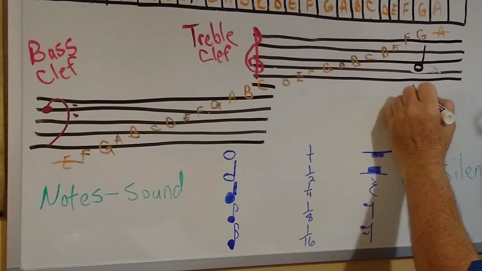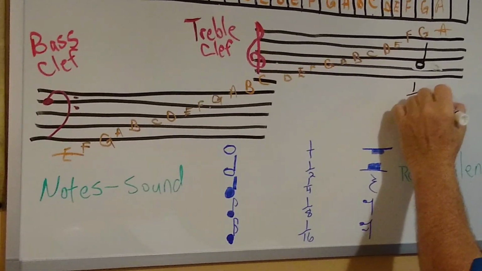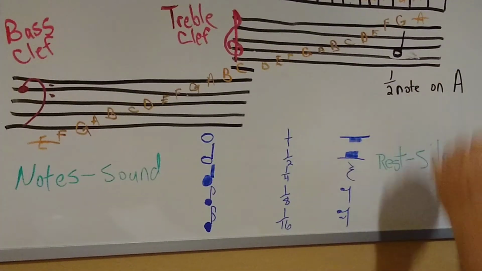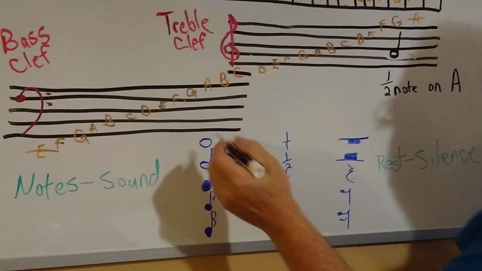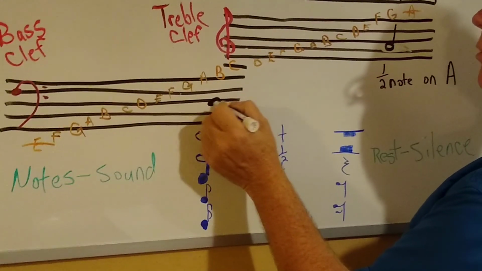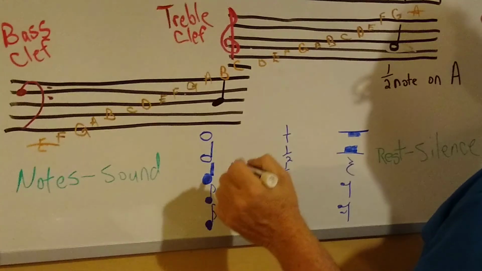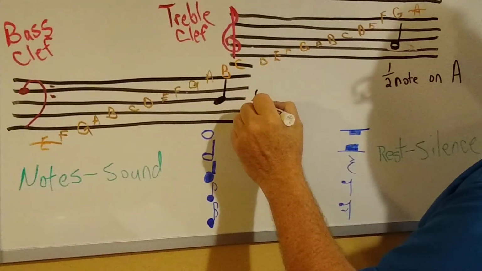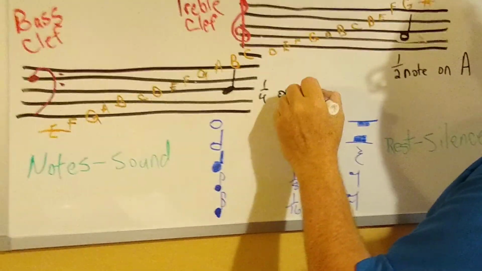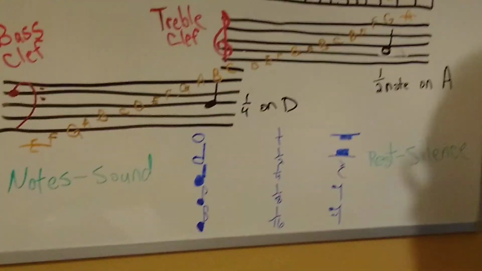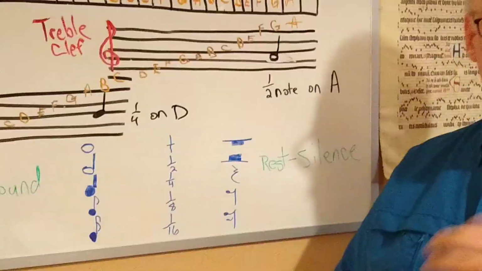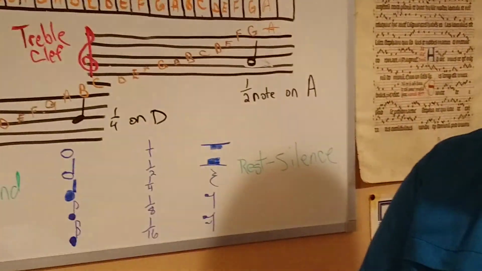It's a half note on A. If I put a quarter note down here, let's just pick this one, put a quarter note right there, now that is a quarter note on D. So you see how putting our symbols of sound on the staff, we get 2 names per note.